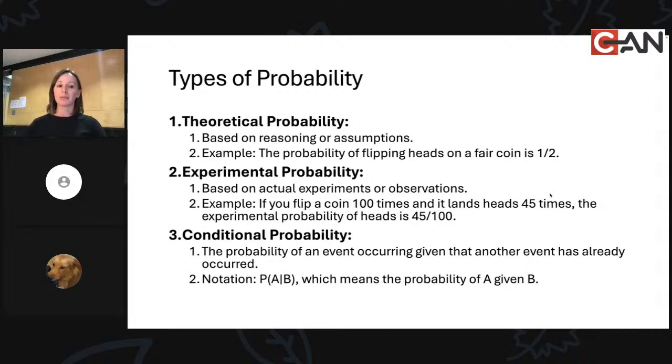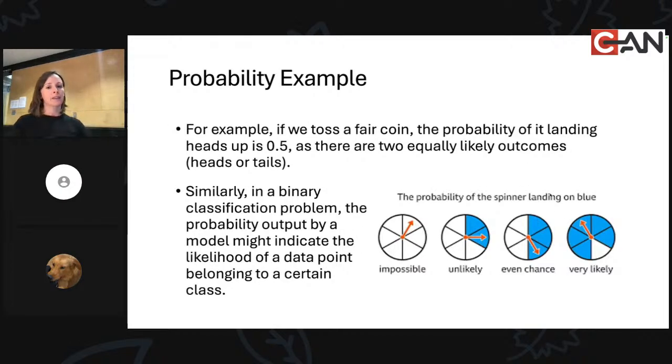So given B, what is the probability that this is a banana, given I tell you the color of it, given that I tell you the size of it, given that I tell you the shape of it, given all this information, given our X variables, what is the probability of A? So that's the only thing I'll say about conditional probability.